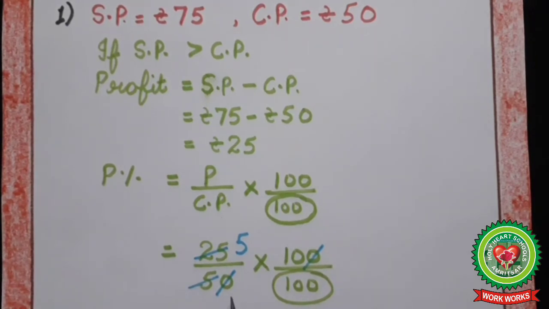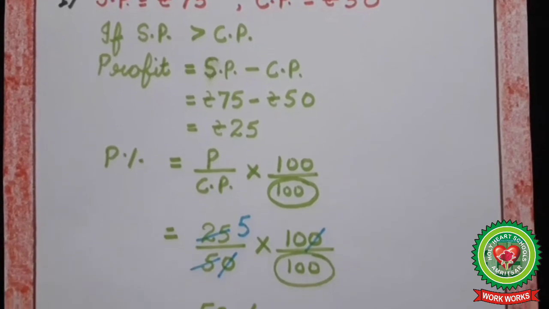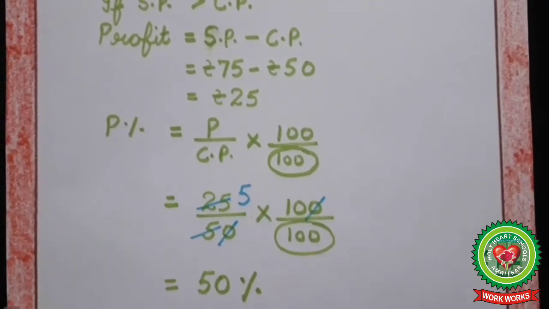After that, do the simplification, but while doing the calculation must keep one thing in mind, that don't use this 100. This 100 is for the sign of percentage that we will put with the answer.